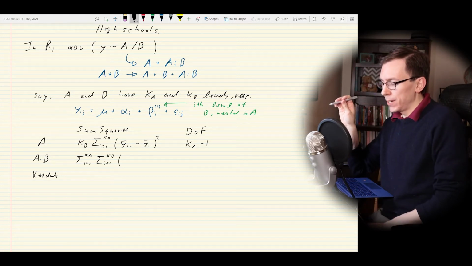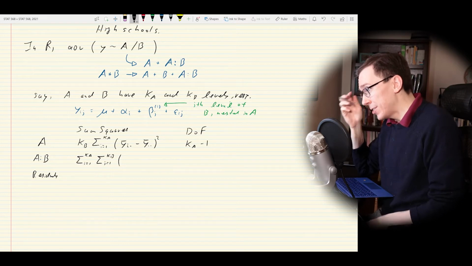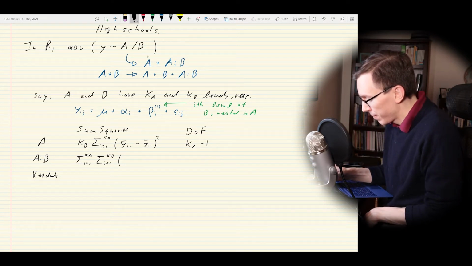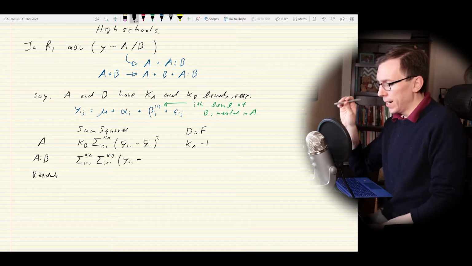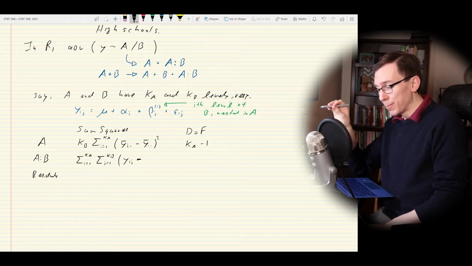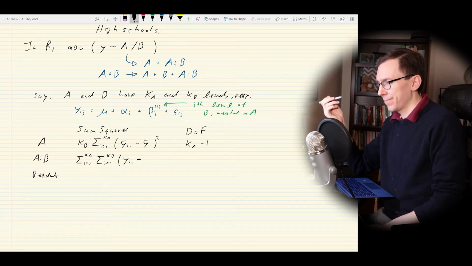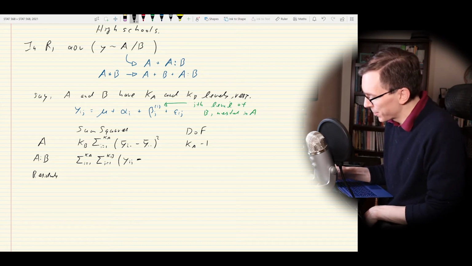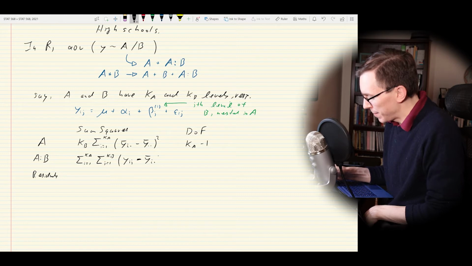So now we're actually going to take the ijth observation, Yij, but we're not going to subtract the global mean like we would in the total sum of squares sense. What we're going to do is subtract the ith category mean, something like this.